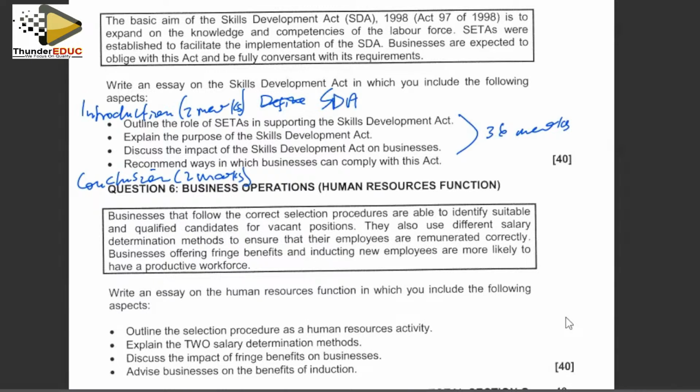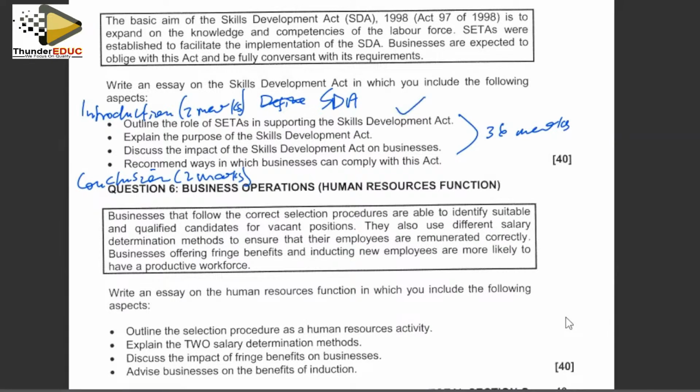Under our introduction, we can actually say that the Skills Development Act develops the skills of people in South Africa in order to improve productivity, as well as invest in education and training of workers. So that is our introduction, and it's 2 marks.